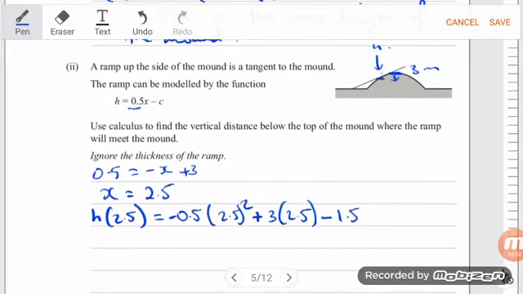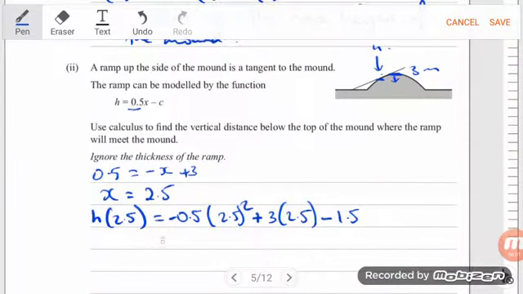Yep. Okay. Which should give us 2.875, I guess. 2.875. Okay, so that's the height here.